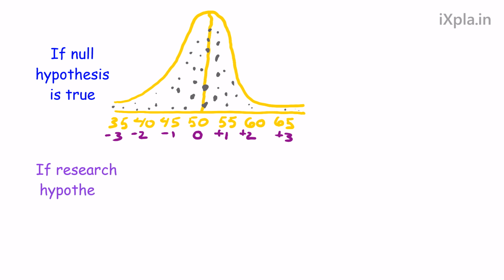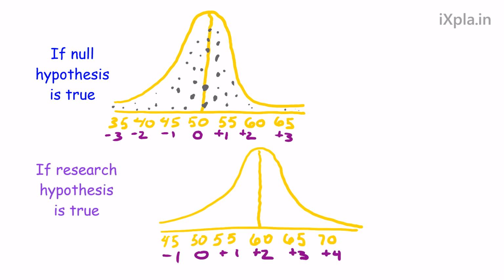Now I also have to draw another possibility. Another possibility is that the research hypothesis is true. When you say that the research hypothesis is true, it's another way of saying that the null hypothesis is not true. In this situation, the mean of this distribution is 60, and that's why the peak is over 60.